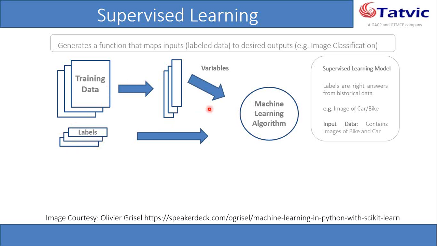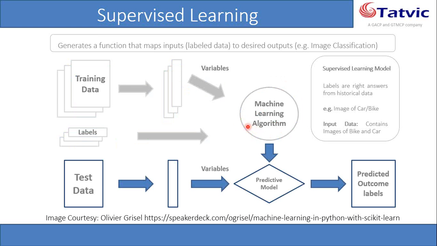These three things are fed into a particular machine learning algorithm, and what happens next is when new or unseen data is shown to this particular child, then because this model has already been developed, the child learns to predict right answers for the unseen or test data.